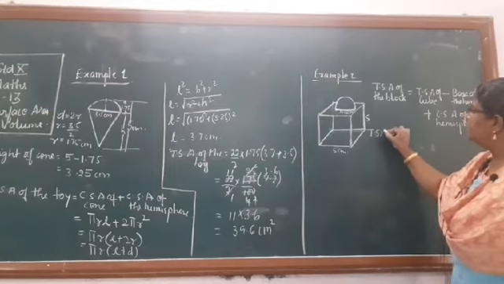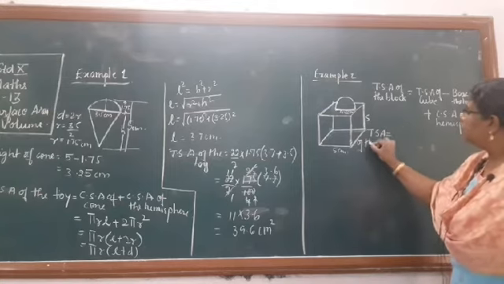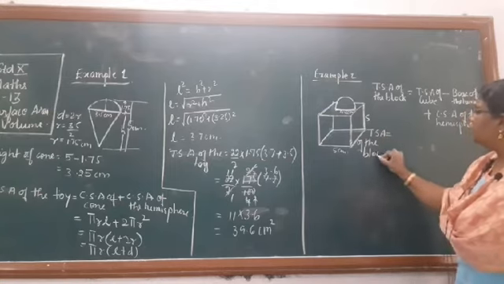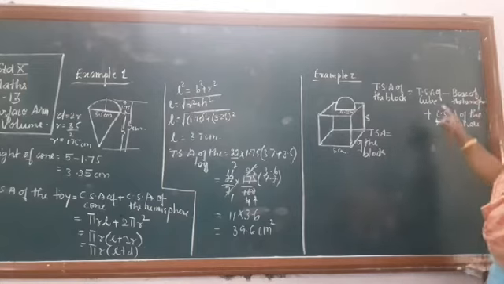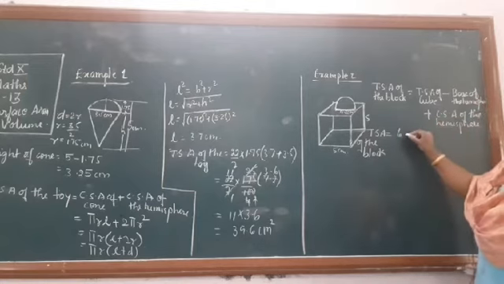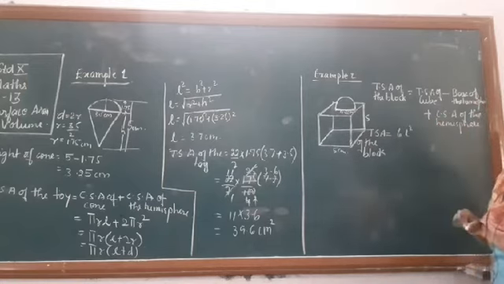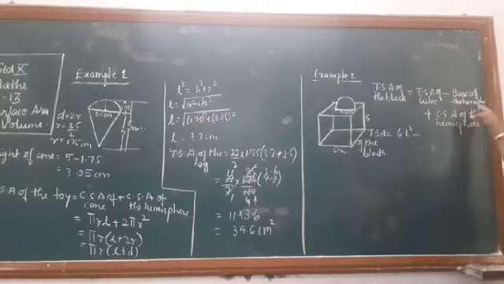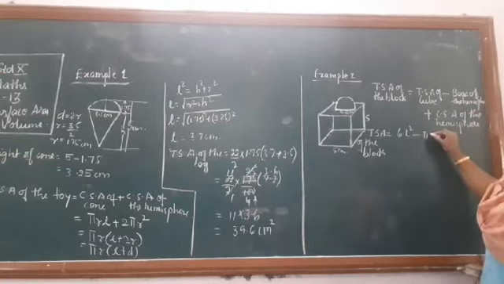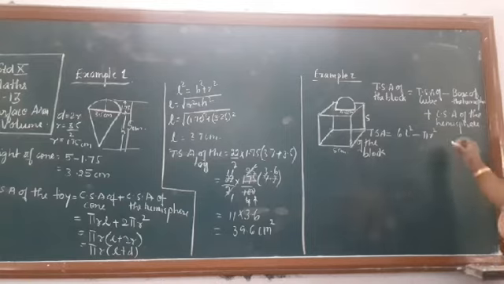So TSA of the block will be equal to, TSA of cube is 6L square minus बेस ऑफ द हेमिस्फीयर मतलब पाई आर स्क्वायर, ठीक है, प्लस CSA of the hemisphere is 2 पाई आर स्क्वायर, यही होगा ना, isn't it?